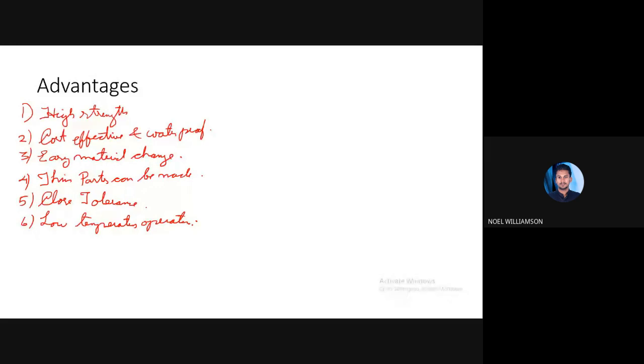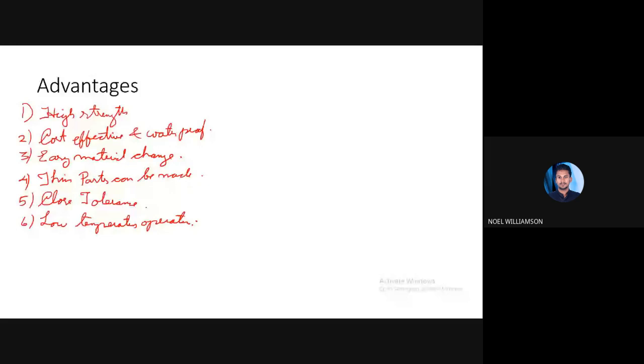Then it is very cost effective and waterproof. Regarding the material change, it is easy. Even thin parts can be made. Close tolerance is possible. Low temperature operation. So these are the main advantages.